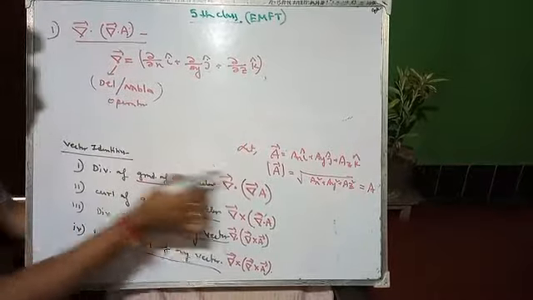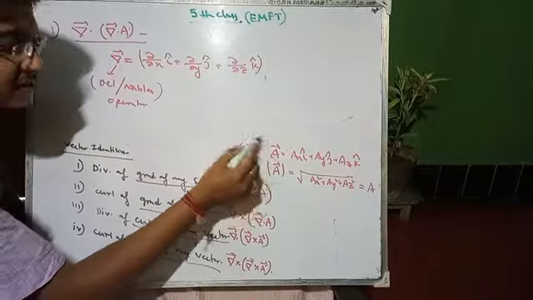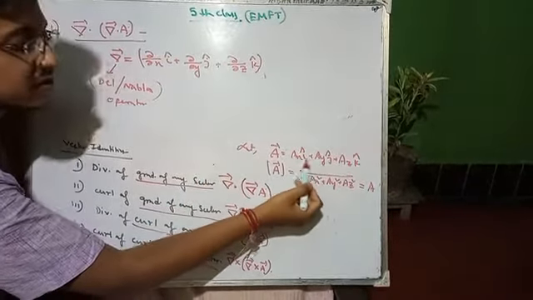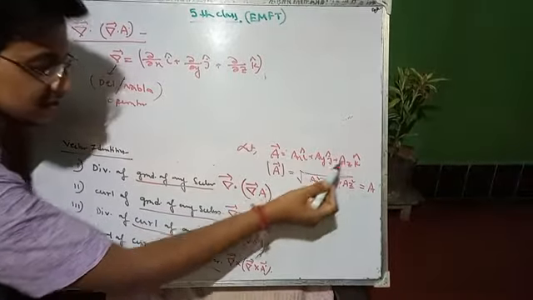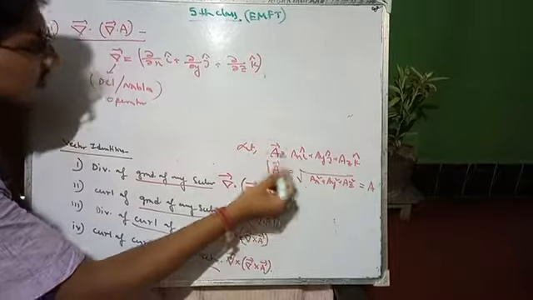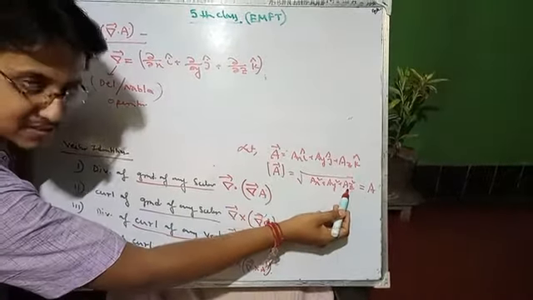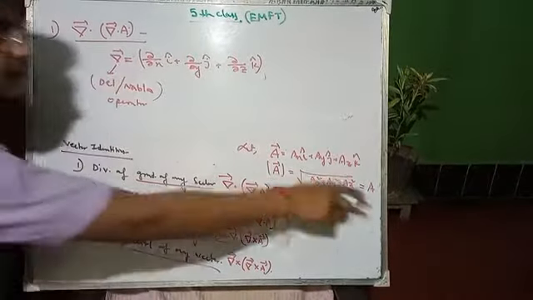So a vector a having some unique coefficients for each of the axis directions, the total modulus of this vector will be root over of ax square plus ay square plus az square, which is taken as capital A only.